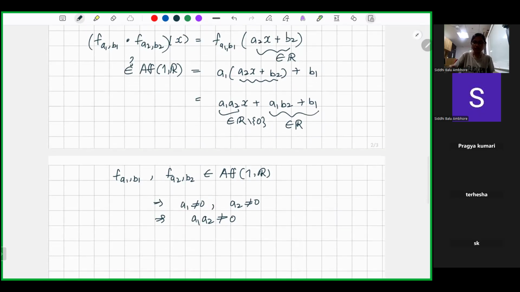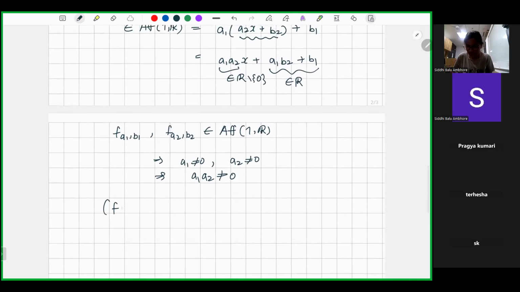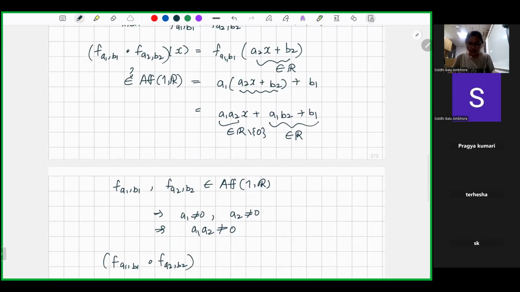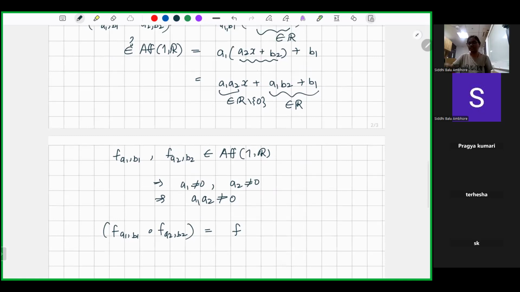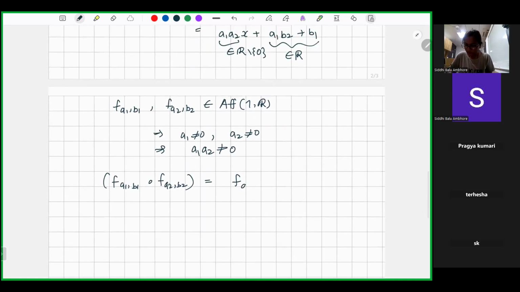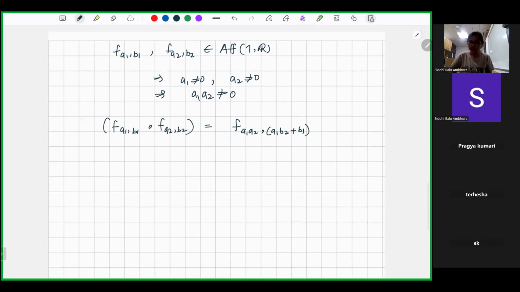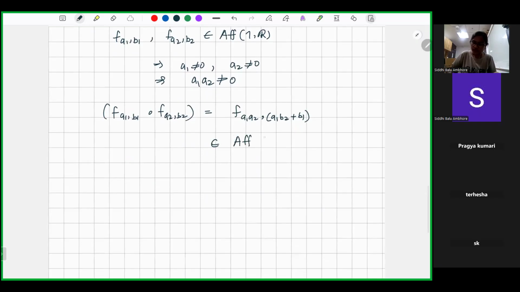So this new function which we obtain, f_{a1,b1} composed with f_{a2,b2}, if I try to write this in terms of the given expression, is f_{a1 a2, a1 b2 + b1}. This definitely belongs to Aff_1(R) since a1 is non-zero and a2 is non-zero.